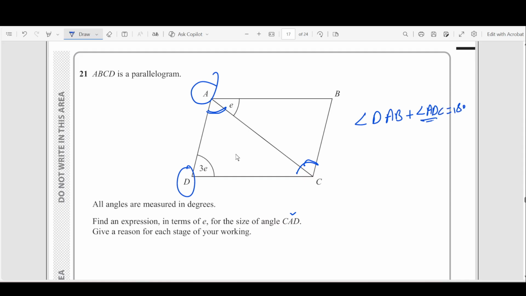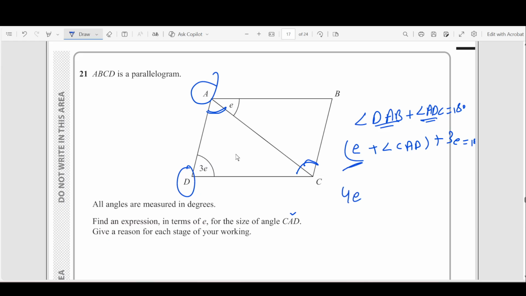And because ADC, if you notice, is 3E, and DAB is E plus this angle, right? So here we write E plus angle CAD, plus ADC, which is 3E, is equal to 180, right? What we do is 3E plus E is 4E.